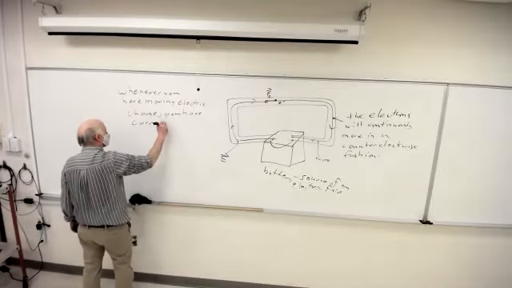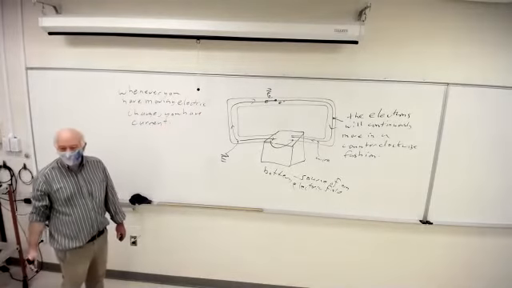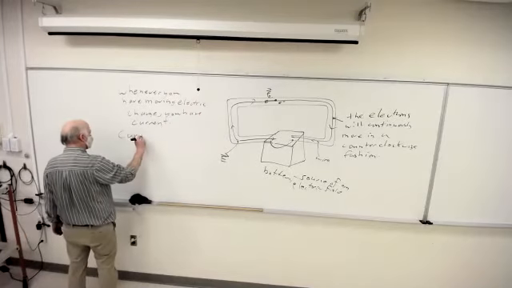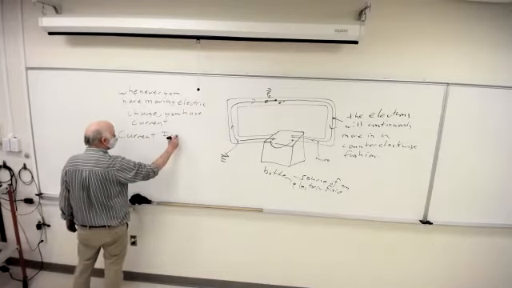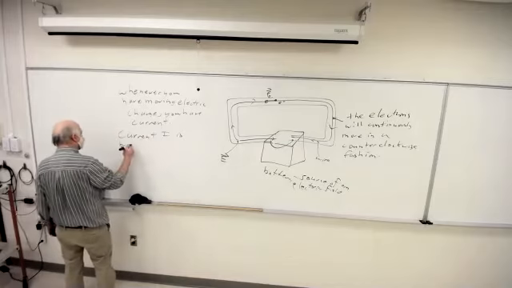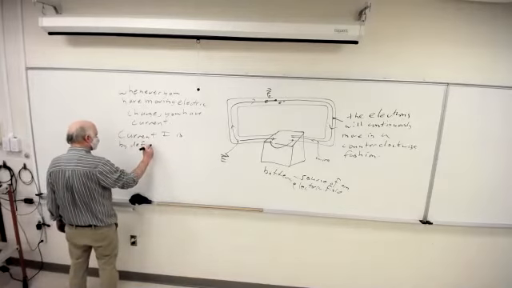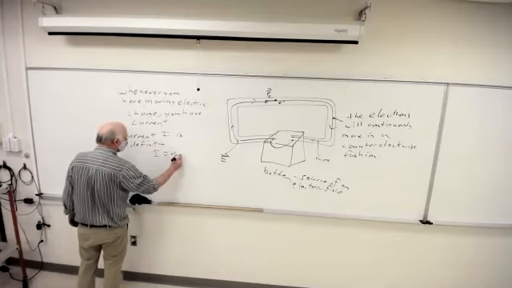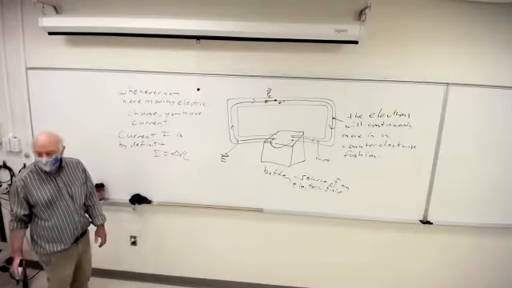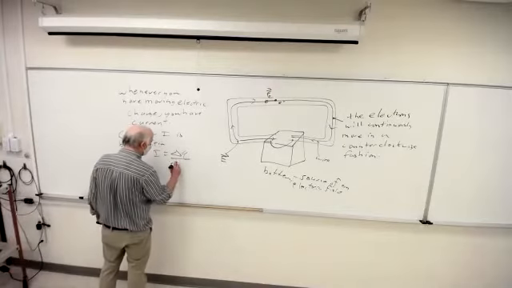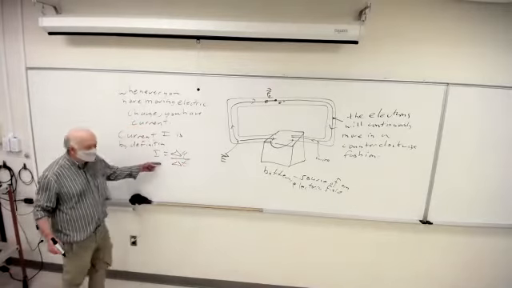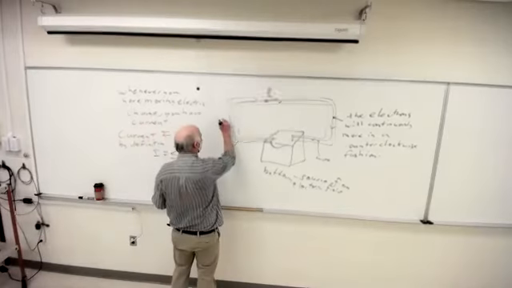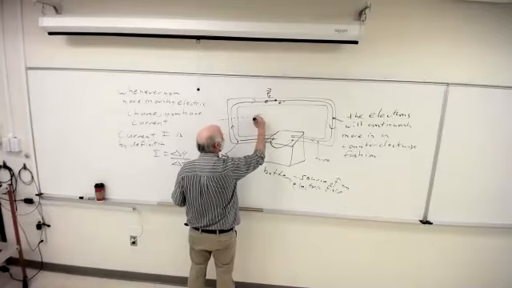Well, we define it in a certain way. Current I, by definition, is the amount of charge that passes a given line in an amount of time. Let me draw a cartoon picture of this. So this is an imaginary line.